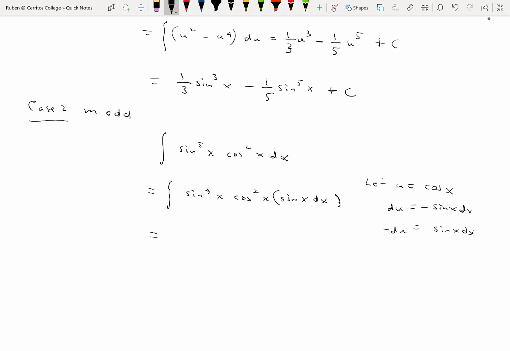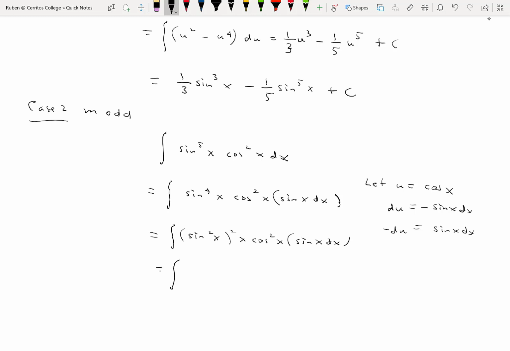And then make the substitution if you can right away. If u equals cosine, well, we can't quite make the substitution yet because we have that sine to the 4th, but sine to the 4th is sine squared, squared, and we have the cosine squared times the sine of x.